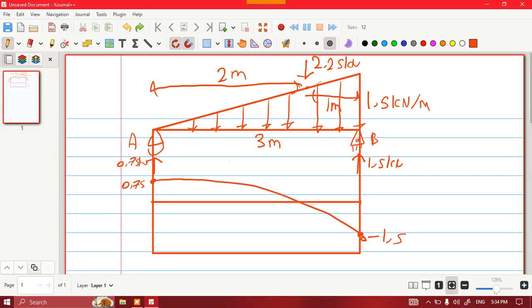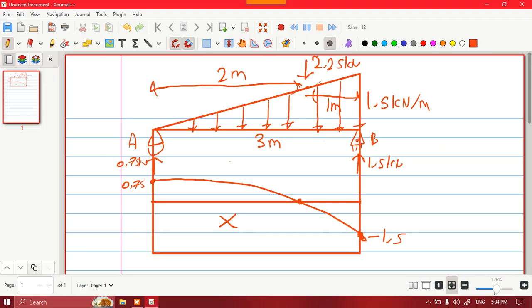Slow, fast. As you can see, I'm going to call this distance x, and this point is the zero shear force. The shear force here is 0. We know that when the shear force is 0, the moment will be maximum. This is the maximum moment and zero shear force.